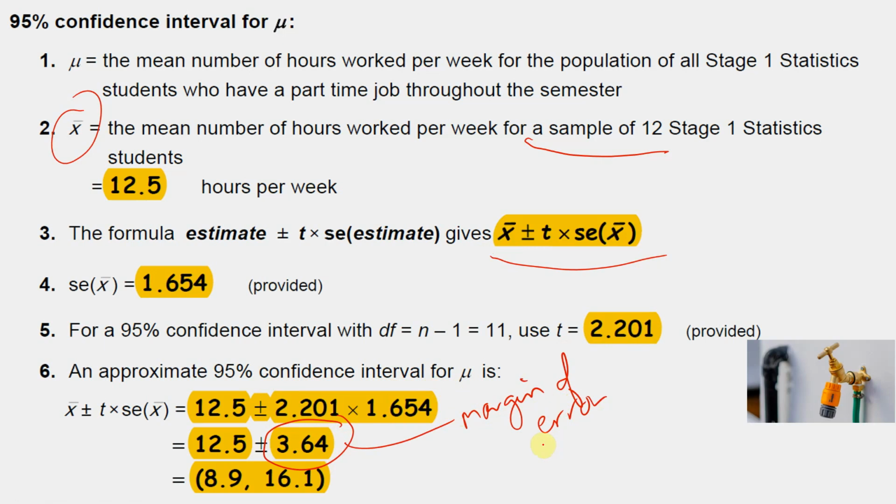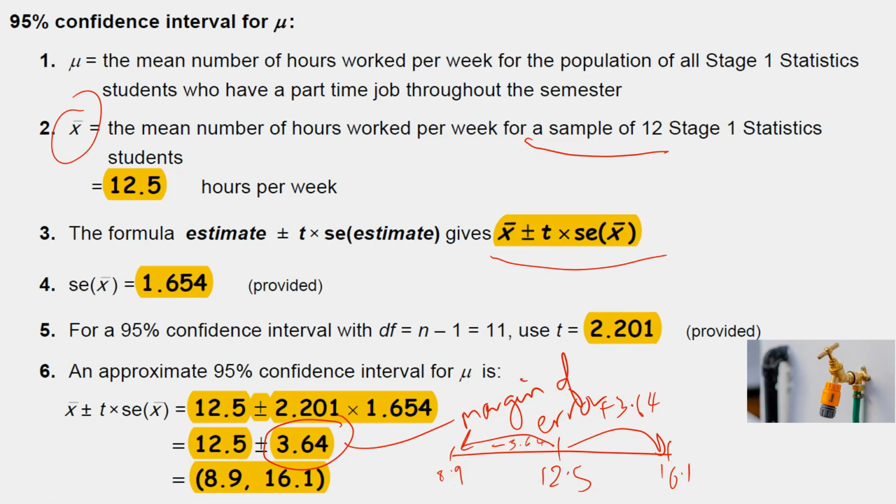Imagine your x bar, your 12.5, sits in the middle, and then you add on 3.64 to get 16.1, and you subtract off 3.64 to get 8.9. And that's your confidence interval.